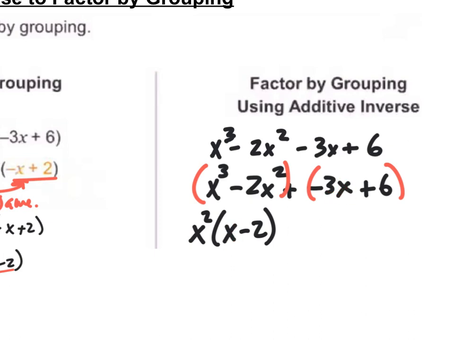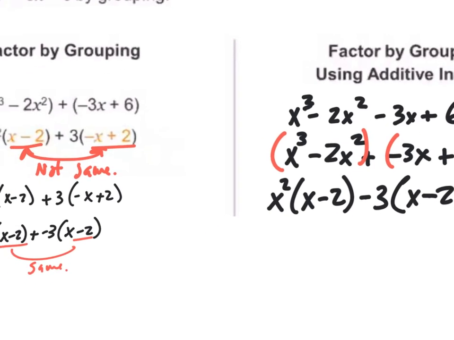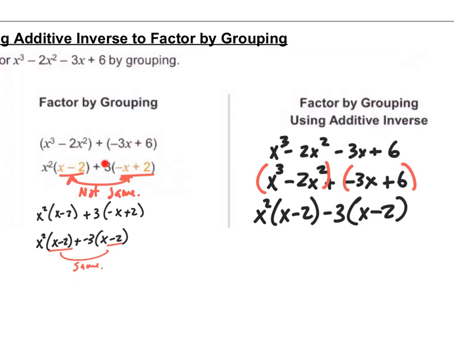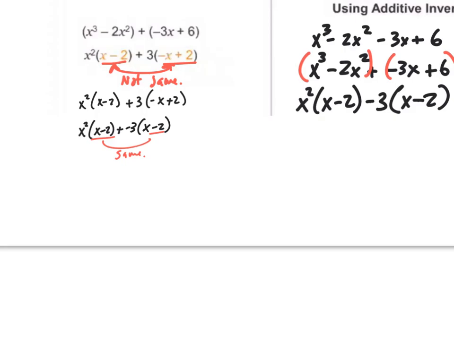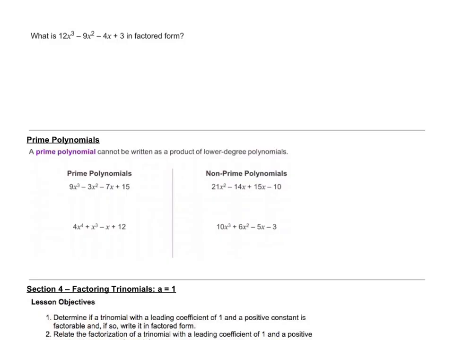So I have to know to factor out a negative 3, and then that leaves me with just x minus 2. The difference is factoring out a positive 3 versus a negative 3. But my advice is to write this as adding negative 3x. That's my thought process on all that.